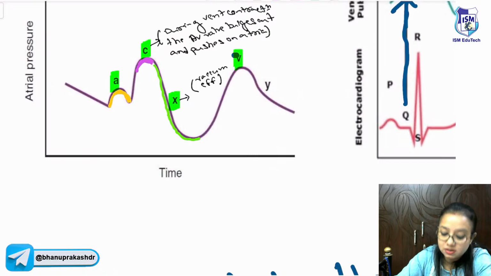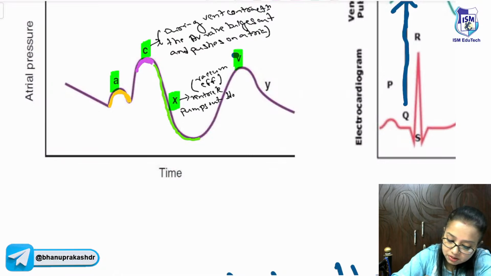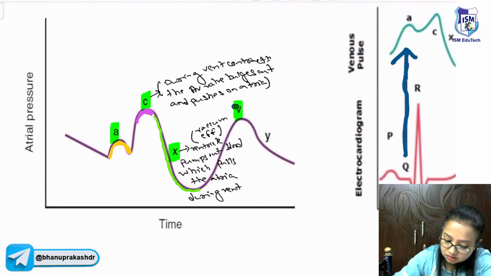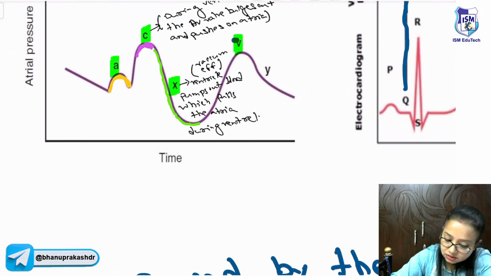Why vacuum effect? Ventricles pump out blood, which pulls the atria during ventricular relaxation, right?